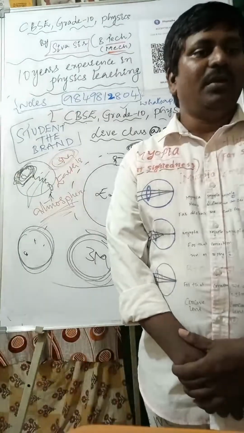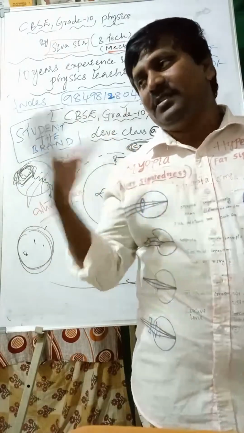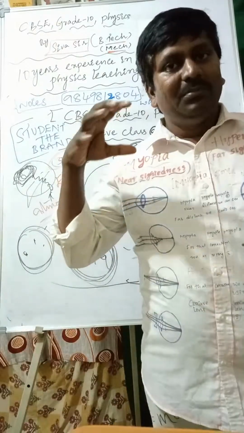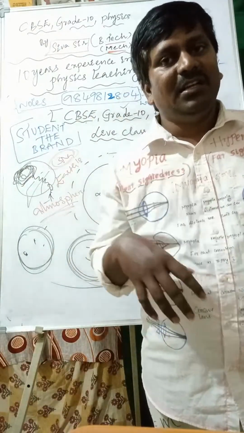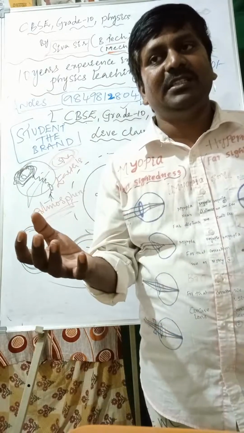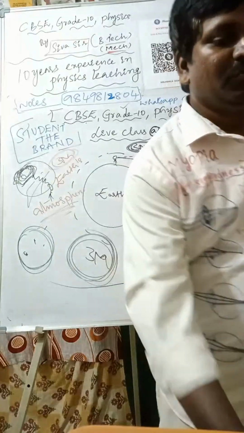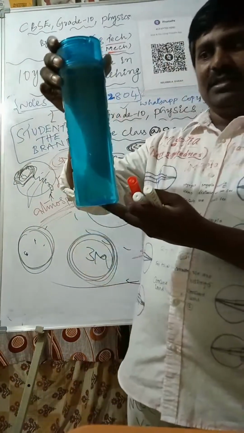Actually, one point: normally we are able to see only 2D images. Whenever you are seeing an object, we only get a 2D image, so the brain adds the additional information. For example, I am considering a glass of water, a bottle.